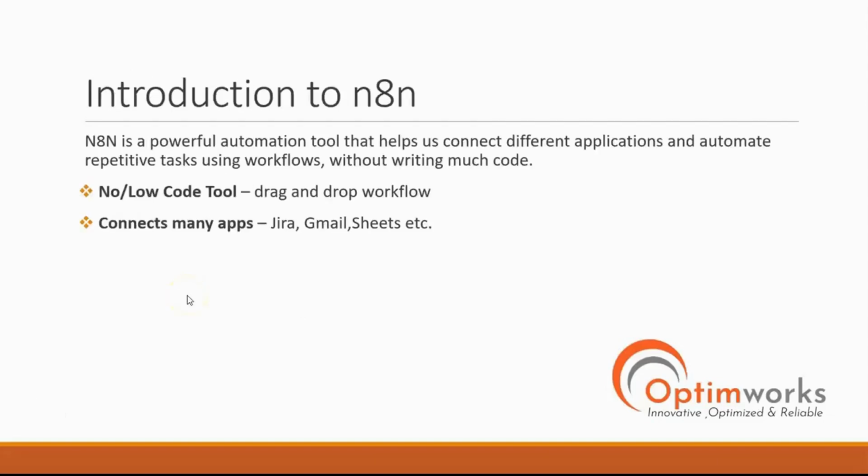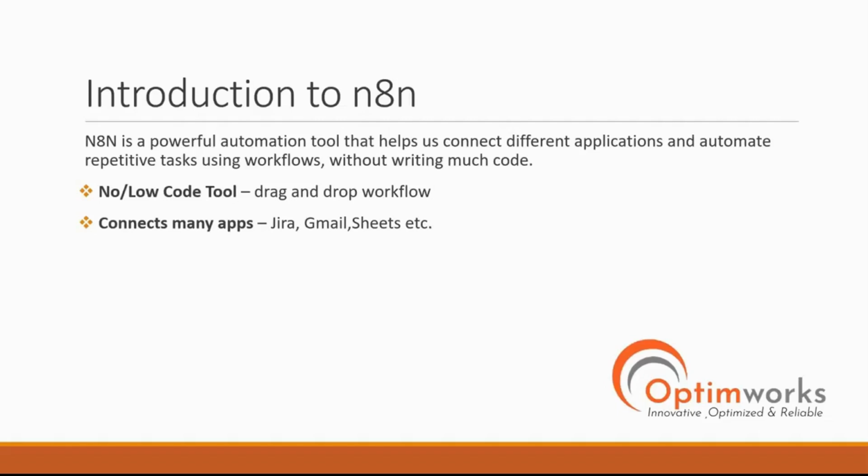So here, what is n8n? n8n is a powerful automation tool that helps us connect with different applications and nodes to automate our tasks using workflows. Without writing much code, we can create many workflows. It is a low code tool. We can just drag and drop the nodes and connect them together to get our work done.